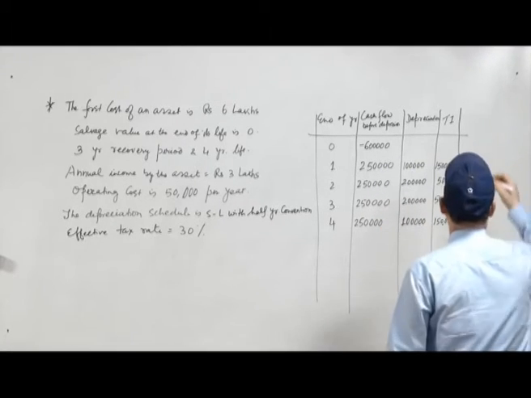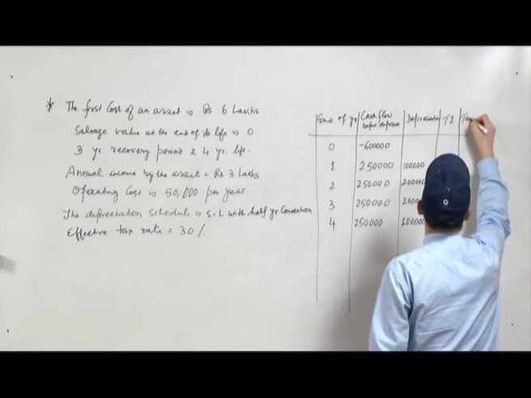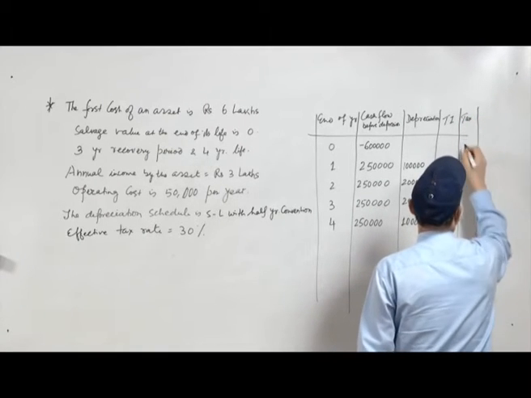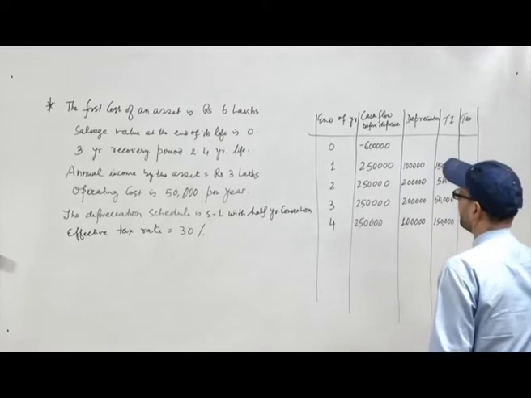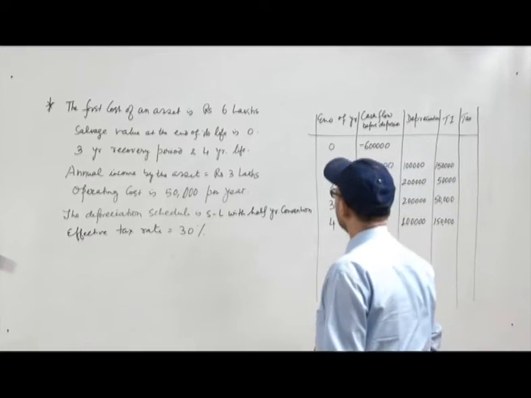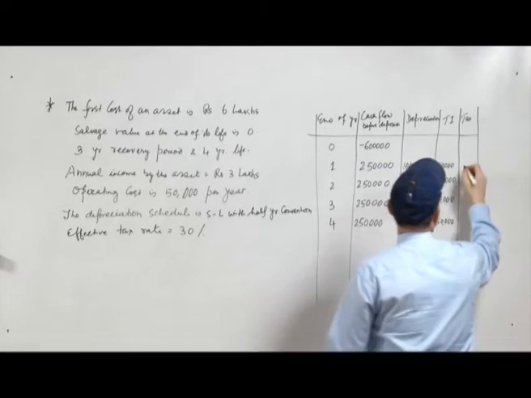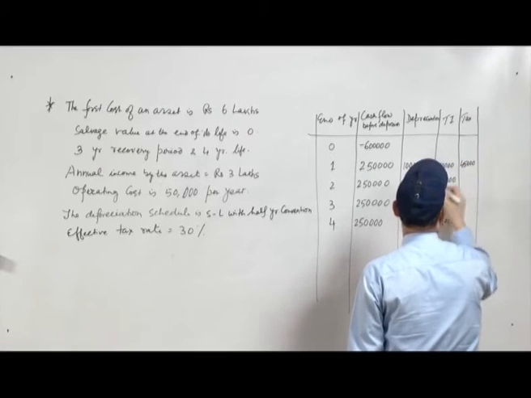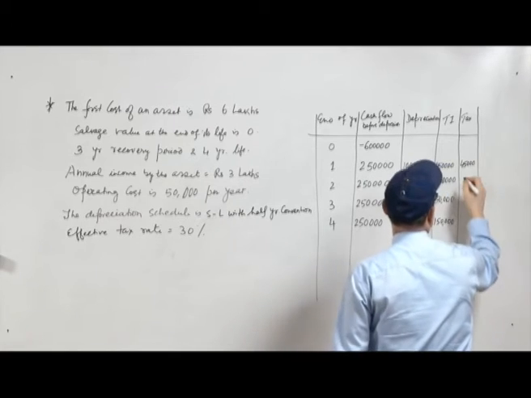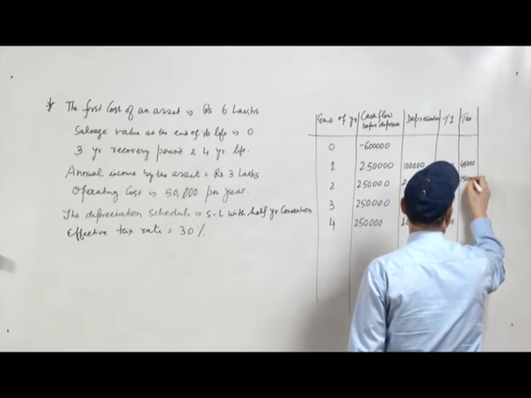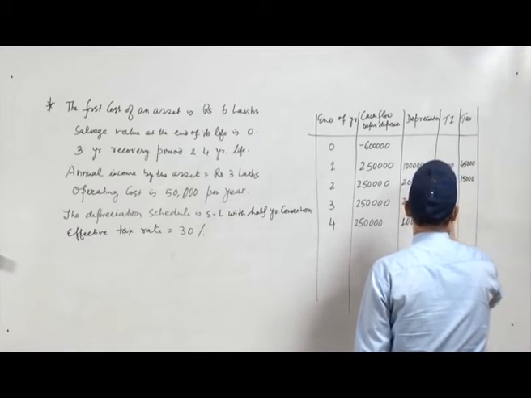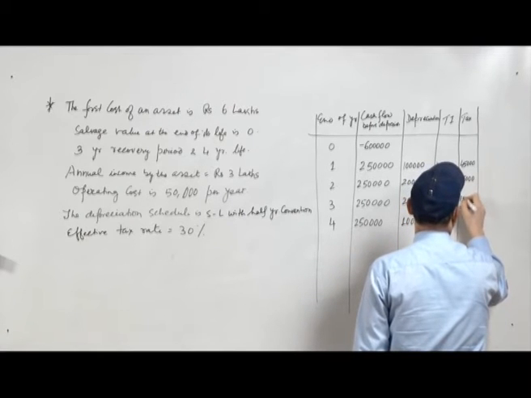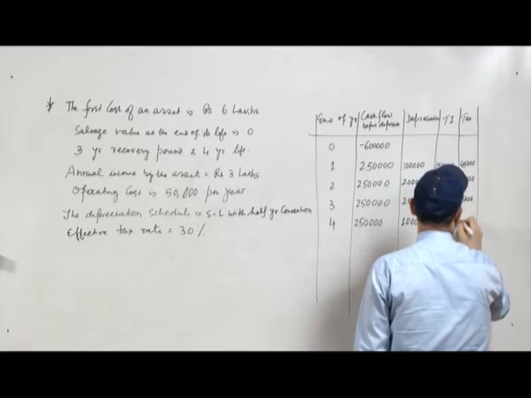Your tax will be the effective tax rate multiplied by the taxable income, and the effective tax rate is taken as 30%. So, it will be 45,000, then 15,000, again 15,000 and 45,000.